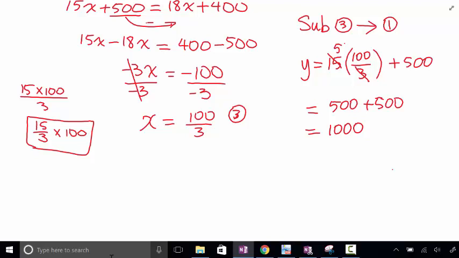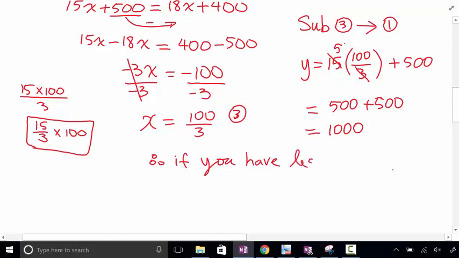I'll summarize it here, and then I will graph it and show you graphically what it's showing. So if you have less than, let's say 33 meals, or less than or equal to 33 meals, you're going to go with Tom, right?